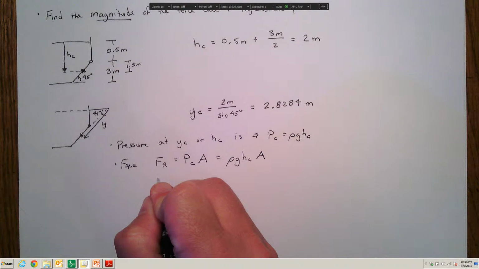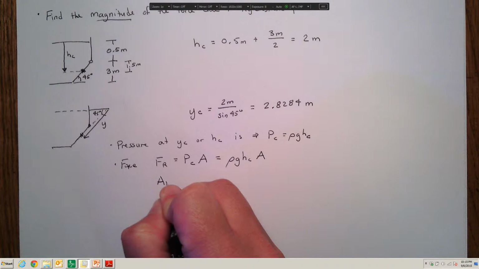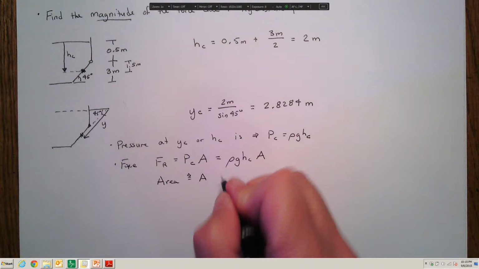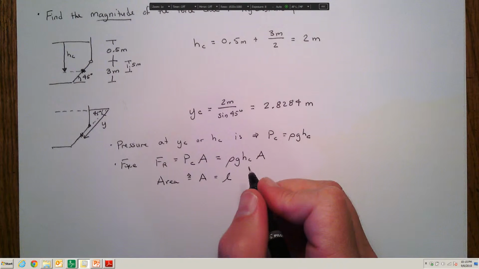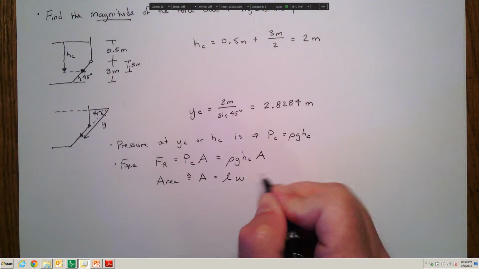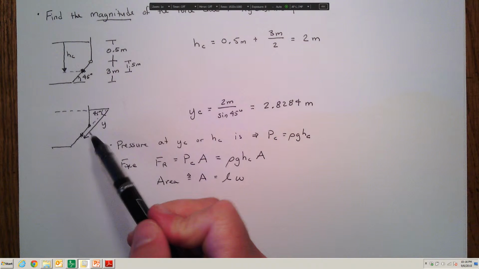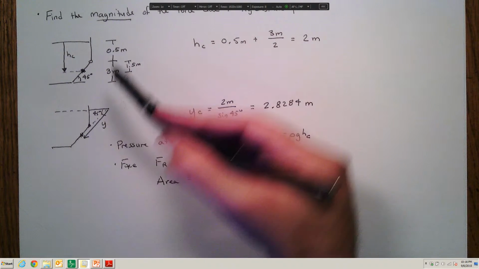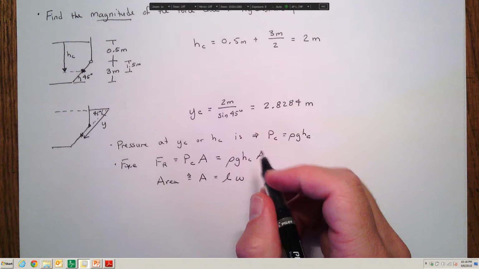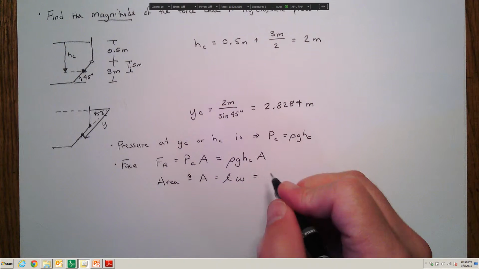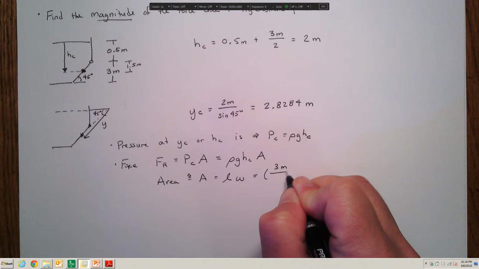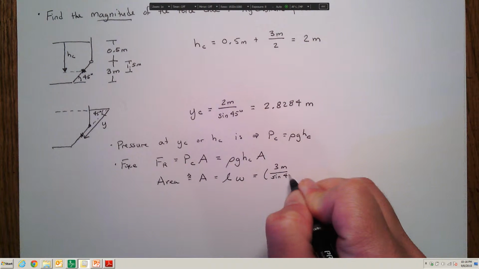The surface area of the plate is going to be the length of the plate in this direction times the width of the plate, which was given to be 6 meters. Along this tilted direction, since the vertical distance is 3 meters, the total length of the plate is 3 meters divided by the sine of 45 degrees.